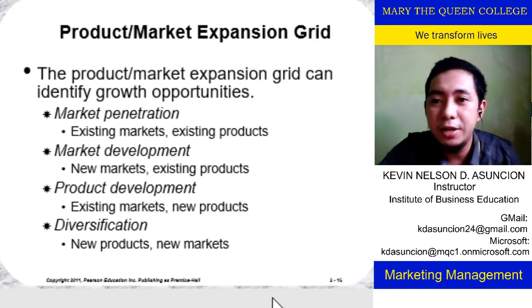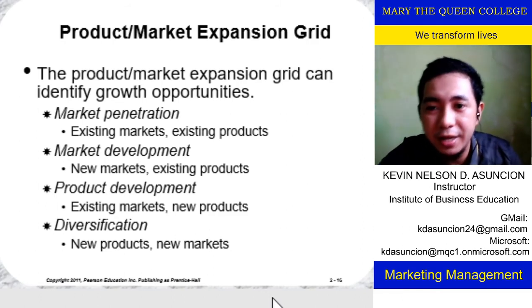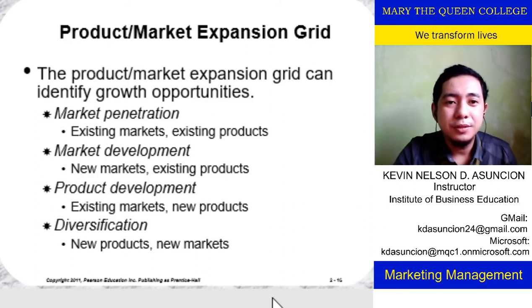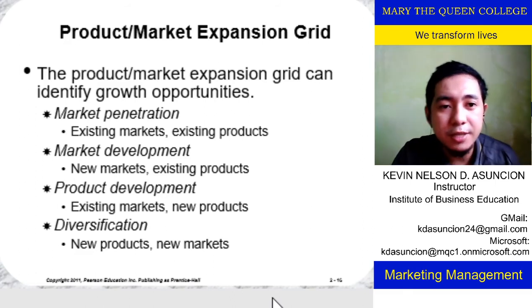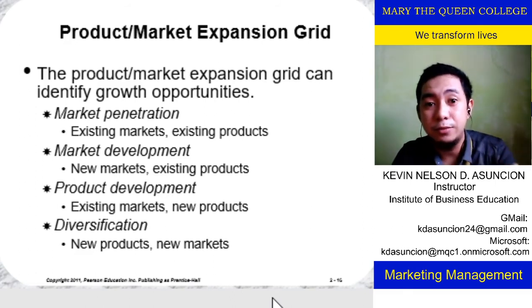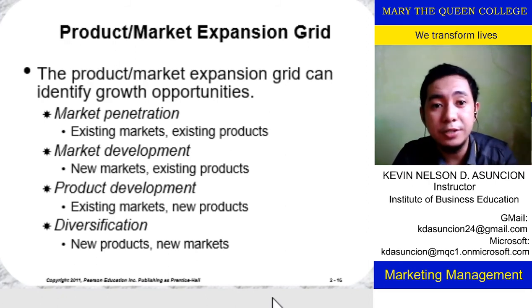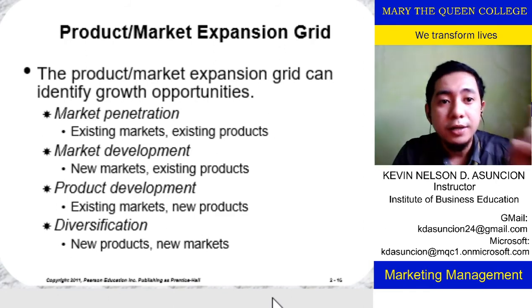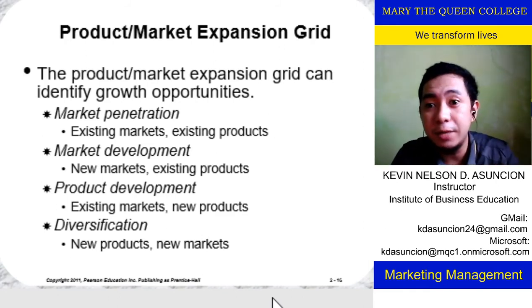Eto yun. The product and market expansion grid can identify the growth opportunities. What are those opportunities present? Okay? So, first is the market penetration. What's meant by penetration? Ibig sabihin yung pagpasok mo. Market penetration. Pagpasok mo sa market. Market is a group of people. It's a segment of people. Therefore, there are existing markets and existing products.